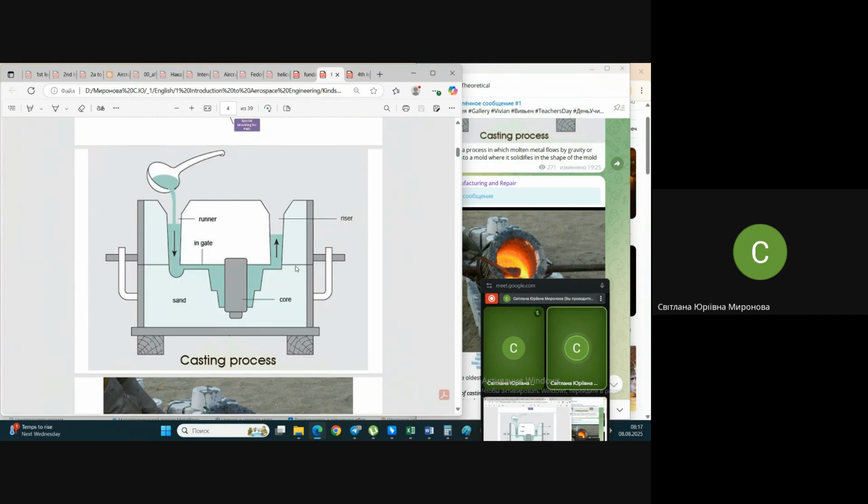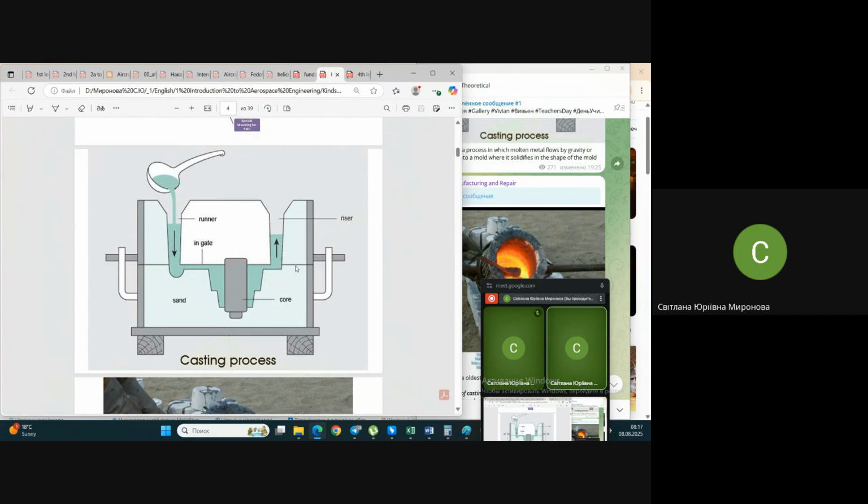But in the most ancient variants, of course, it was just sand, pressed into some box, for instance, in order to make the shape, making the cavities in this pressed sand, which next we mean to repeat. We may prepare this form for the casting process. Of course, in the modern variants, it's not so primitive now, but the technology practically is the same.